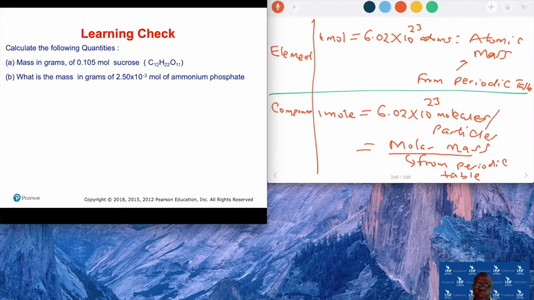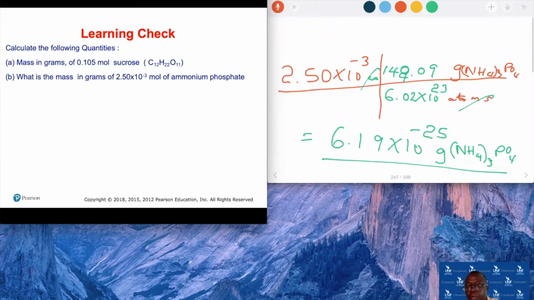Professor, I had a question about the last problem. Yes. Do you mind going back on your whiteboard? I thought we wouldn't divide by Avogadro's number since we're not converting to atoms. Look at the problem. We are converting to grams. What is the mass?